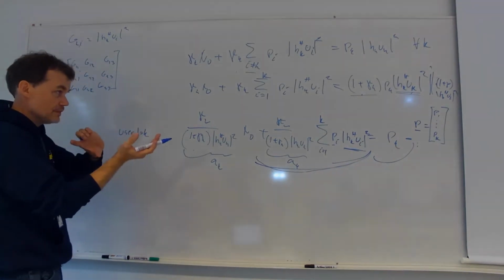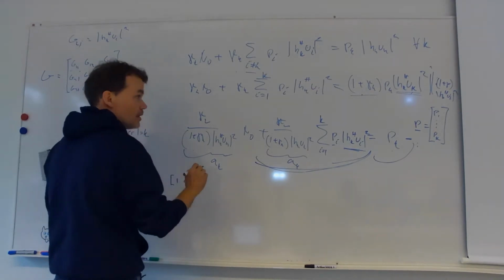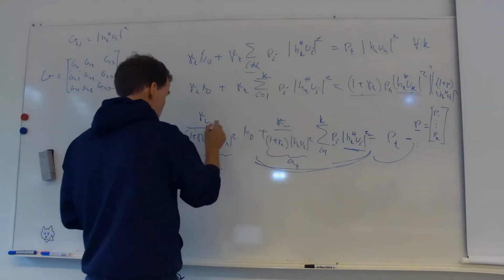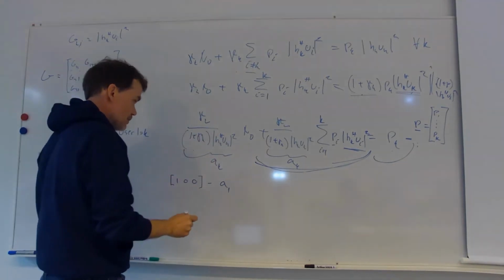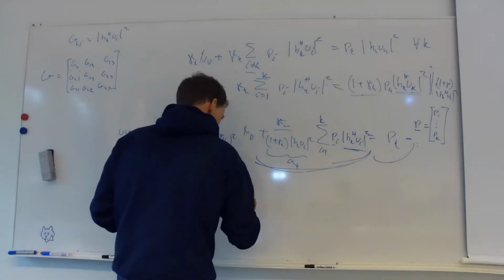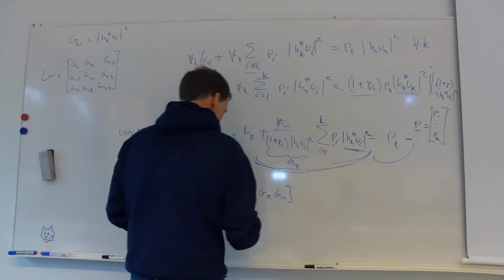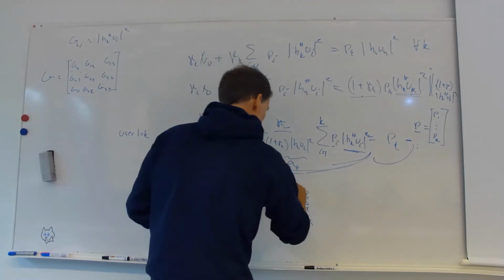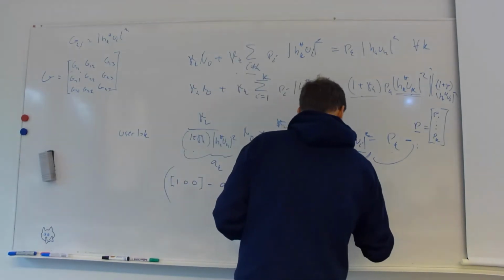Given that, we can rewrite this formula as 1, 0, 0, assuming 3 users, minus a_1, where a_1 corresponds to this value for the first user, times G11, G12, G13, times p_1, p_2, p_3, equals a_1 N0 and 0, right?